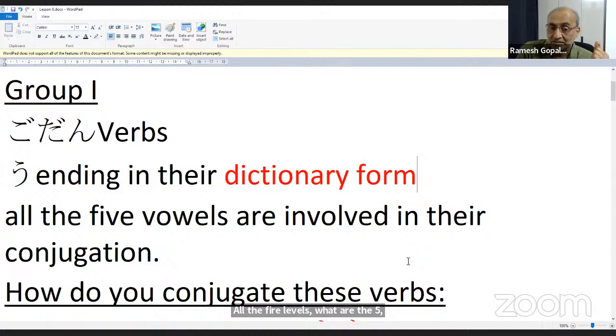Now, take your hiragana chart. It's on page 2.